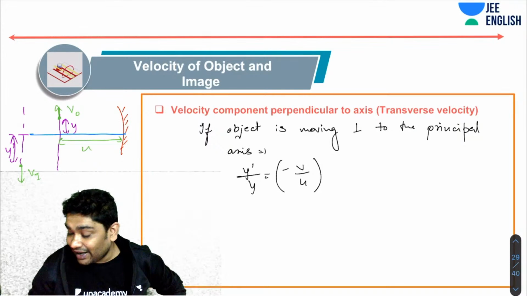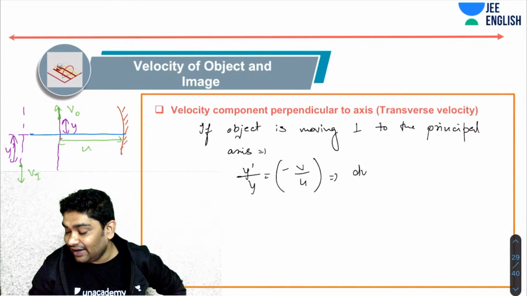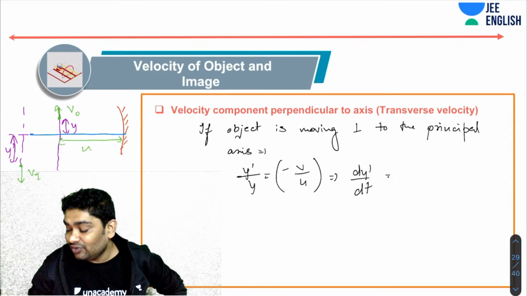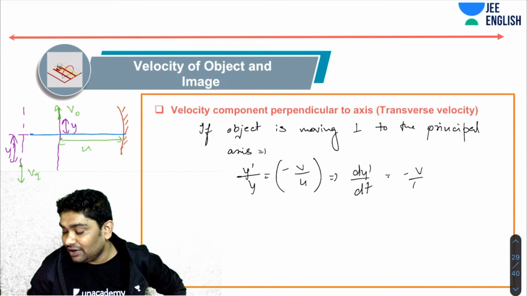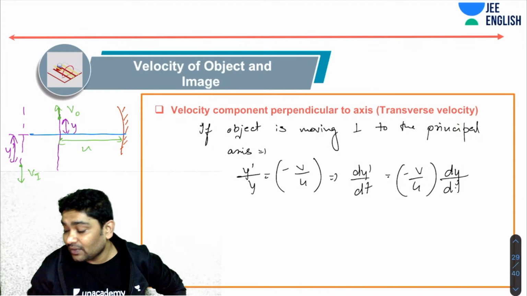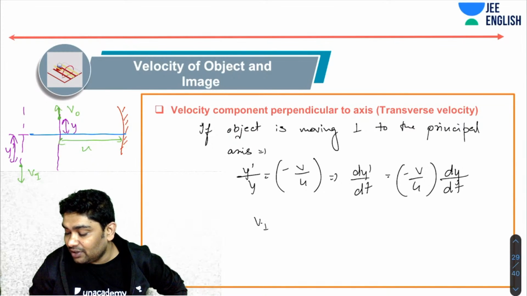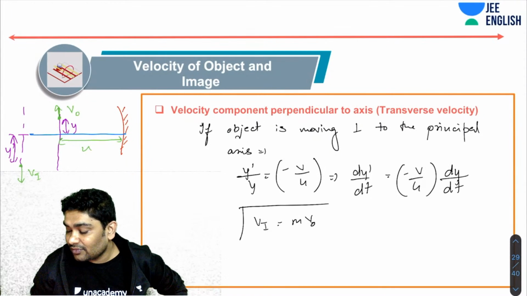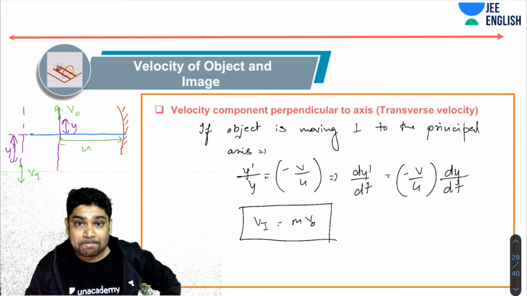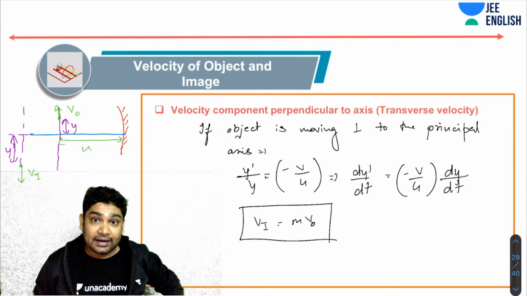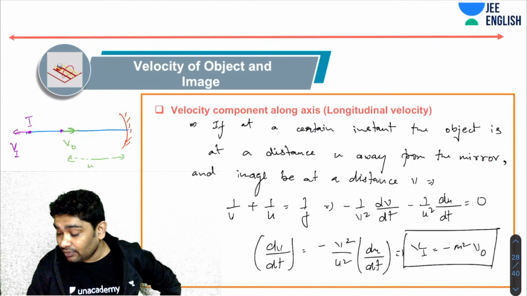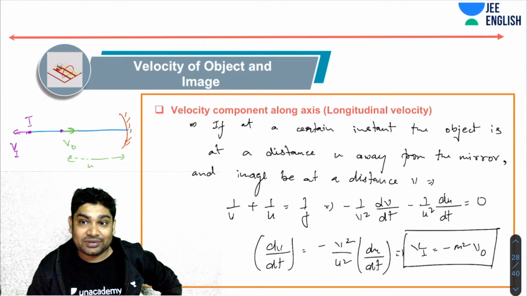So what I can say is dy dash by dt would be equal to minus v over u times dy over dt. What I realize is velocity of image is m times velocity of object. So here it is m times, and there it was minus m square times. Right? I hope that is clear.